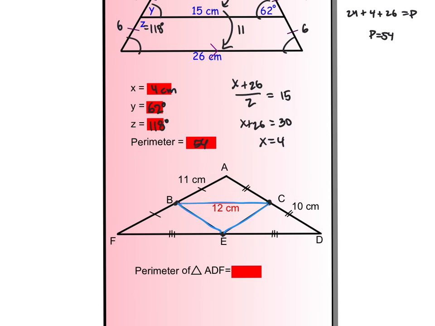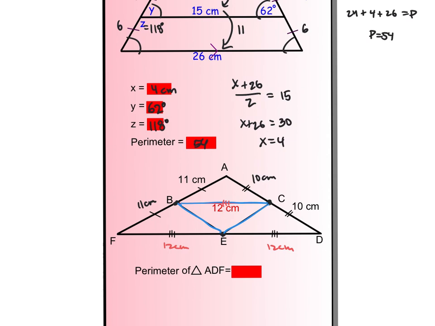Okay, I can see based on the markings that this will be 11 centimeters. This will be 10 centimeters, and because this side length here marked in red is 12 centimeters, these will also be 12 centimeters.